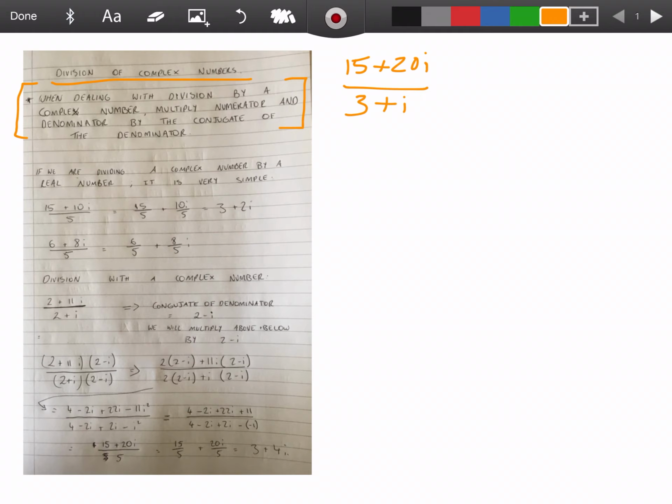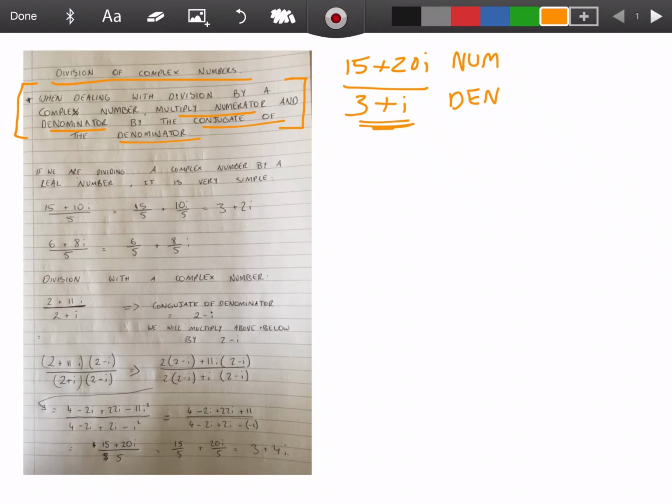What we need to do is multiply the numerator and the denominator by the conjugate of the denominator. If you don't remember, on top of the line is the numerator, below the line is the denominator. We are looking to get the conjugate of the denominator.